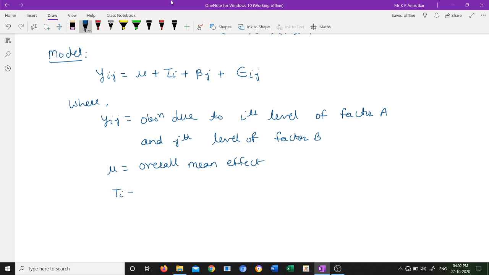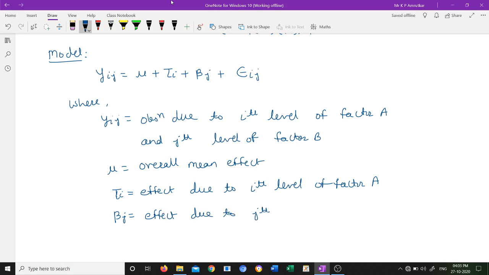Tau i means effect due to ith level of factor A. Similarly, beta j is effect due to jth level of factor B, and epsilon ij is the random effect or random error component.